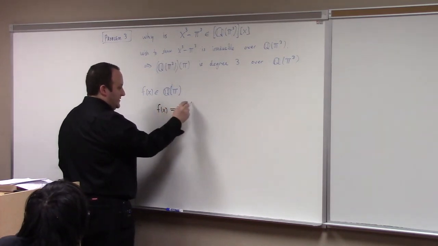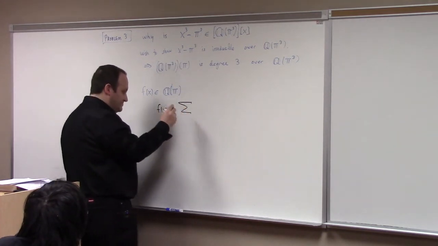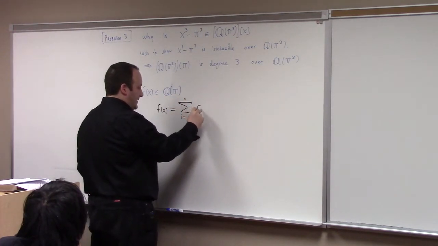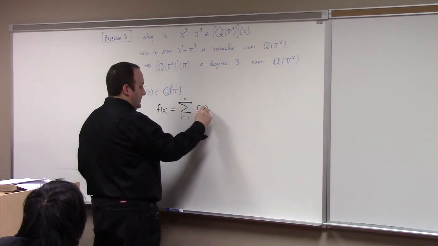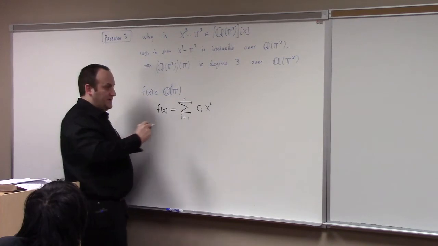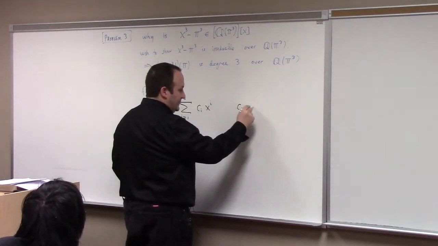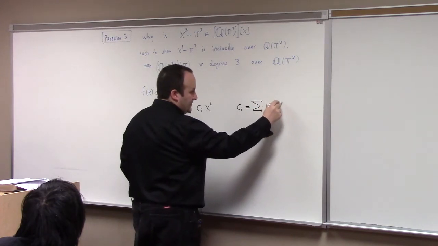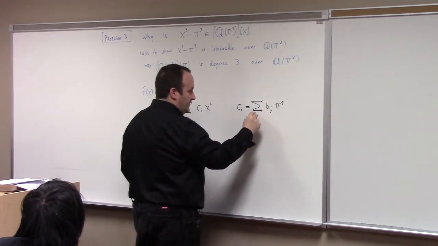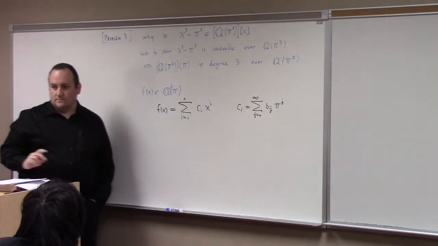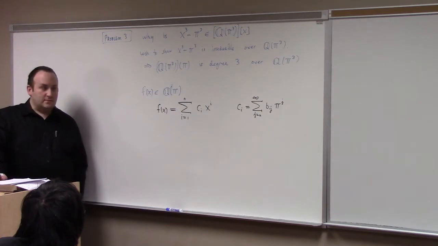So what does this look like? It looks like the sum, say i equals 1 to n, of c_i x to the i. But here, c_i is equal to the sum of b_ij pi to the j, j equals 0 to infinity. Because that's what a typical element of Q adjoin pi looks like, right?